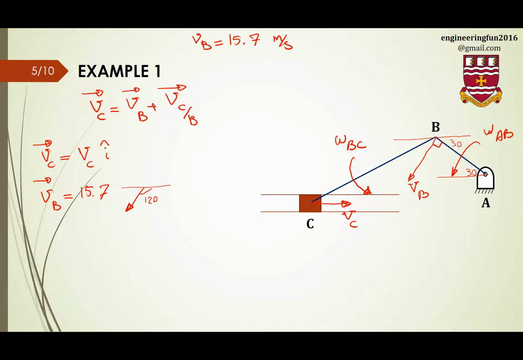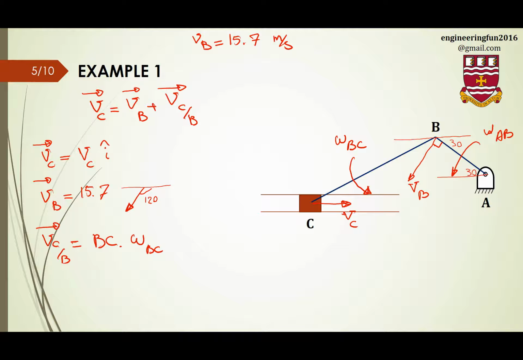Velocity of point C with respect to B. We said that whenever we have something like this, we need to assume that the point B is fixed. So velocity of numerator when denominator is fixed. So we're gonna fix this point. This means that we have a support here, and velocity of point C with respect to B will be, the magnitude will be the length of the bar, which is BC, times omega of the bar, which is omega BC.